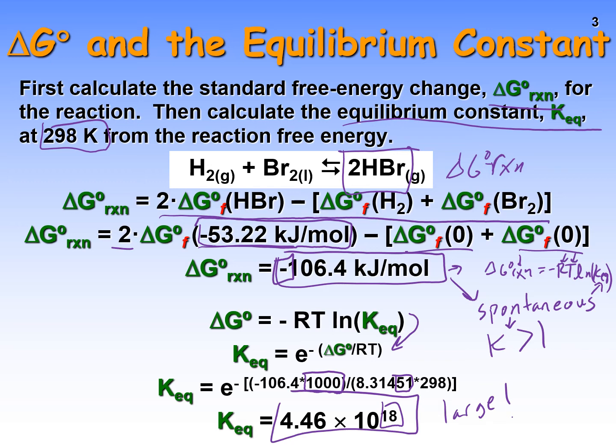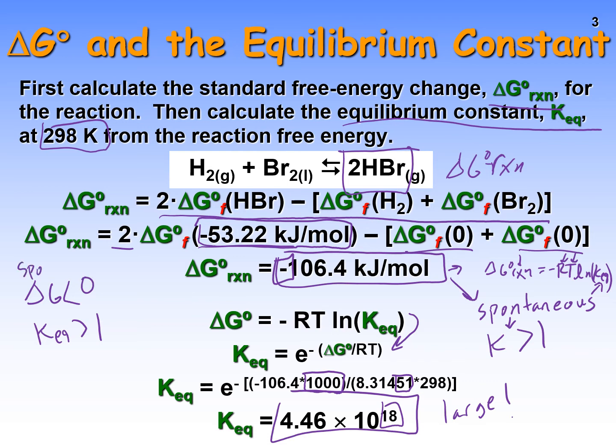So spontaneous reaction. Again, just to remind you, we know 3 ways to predict spontaneity. We know delta G is less than 0. We know KEQ is greater than 1.